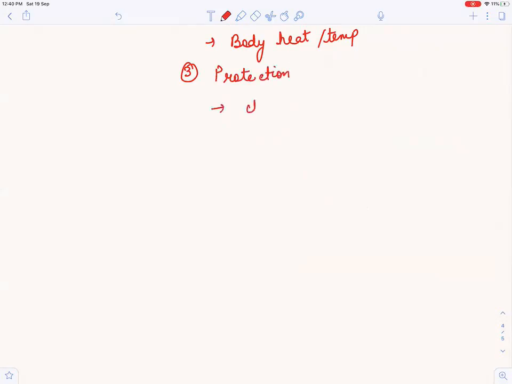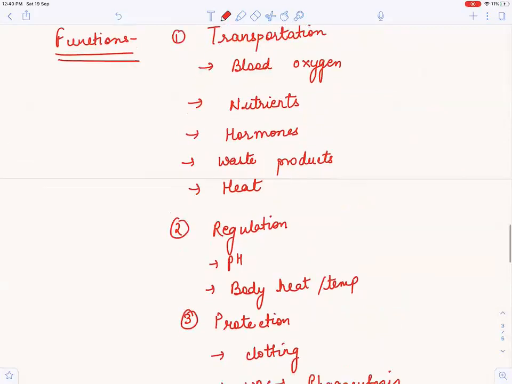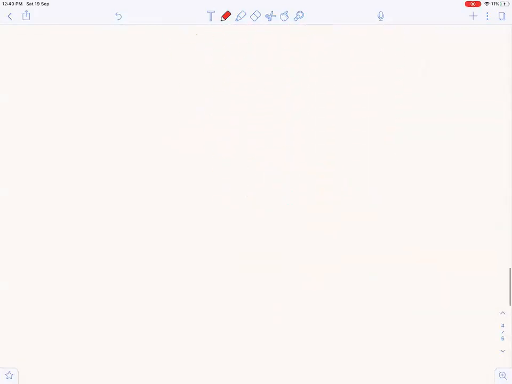So what's protection? Whenever you're bleeding, you see that a clot forms. Then there are WBCs whose main function is phagocytosis. We'll do all this. Then there are antibodies in our blood, right? So these are the very broad category functions, just for your understanding, before we actually start the chapter. Now, let us see something.